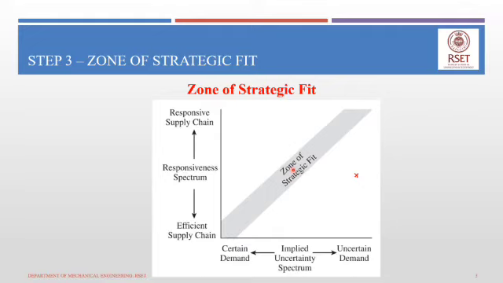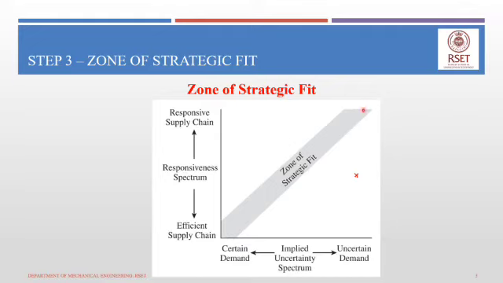The other option for this firm to achieve strategic fit is by modifying its supply chain strategy itself. Rather than focusing upon being moderately responsive and moderately efficient, it can move upwards, where it can raise the responsiveness of the supply chain and move into the zone of strategic fit.